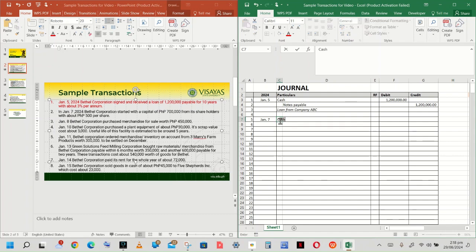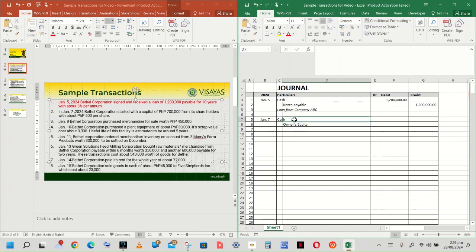So one of the accounts that will be affected is cash. And of course, this will be the owner's equity or the capital. So let's write it as owner's equity. By the way, owner's equity is used for corporations, and capital is used for sole proprietorship businesses.